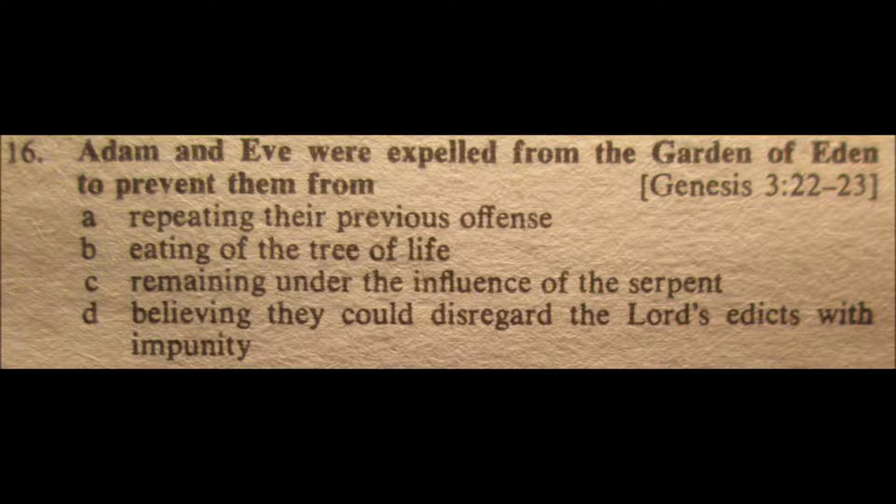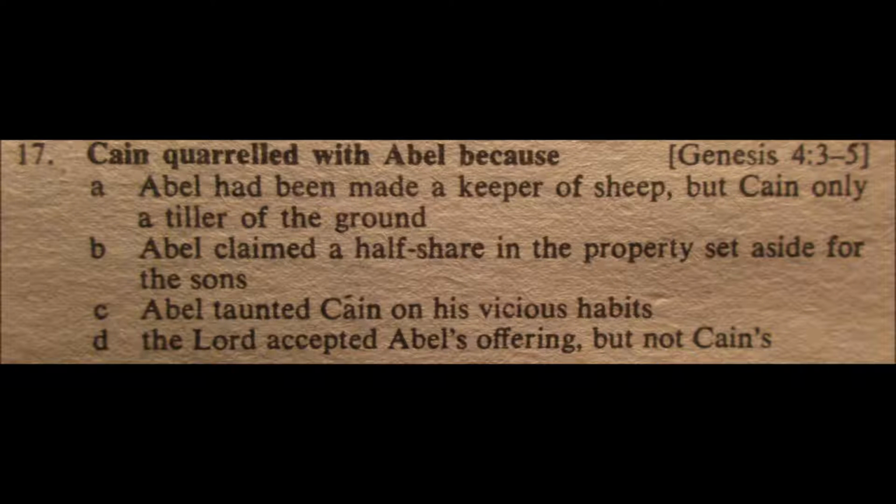All right, question 17. Cain quarreled with Abel because A, Abel had been made a keeper of sheep, but Cain only a tiller of the ground. B, Abel claimed a half share in the property set aside for the sons. C, Abel taunted Cain on his vicious habits.